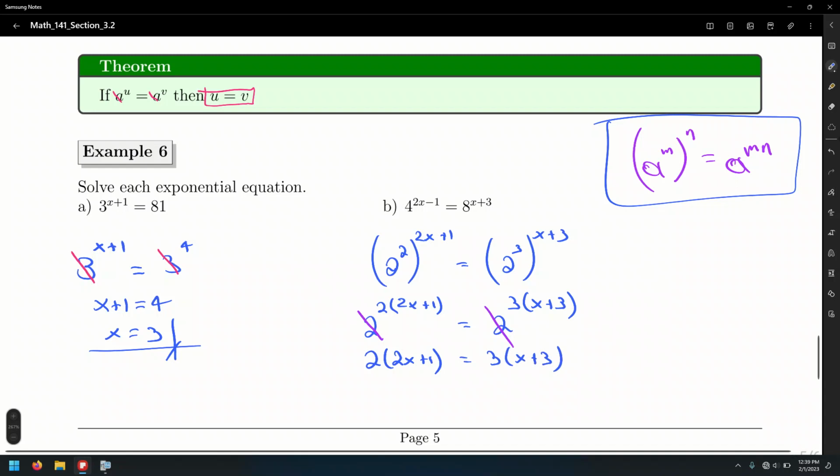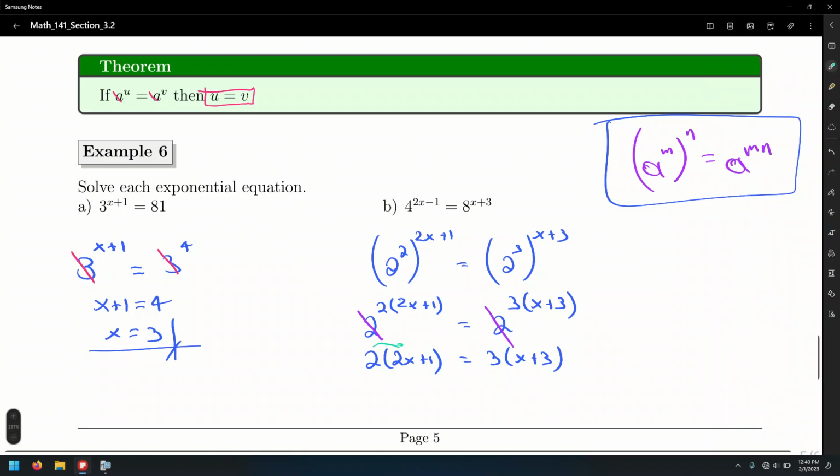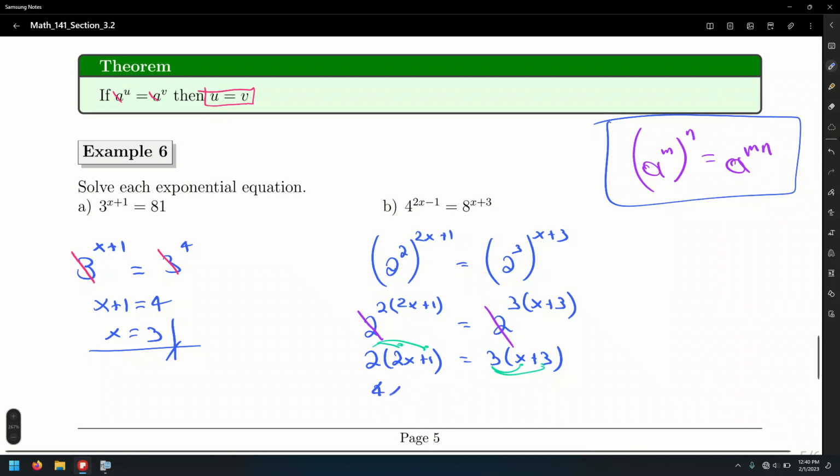We have parentheses, so how about we use the distributive property? That's 4x plus 2 equals 3x plus 9. And you know the drill from here: variables on the left-hand side and constant terms on the right-hand side.